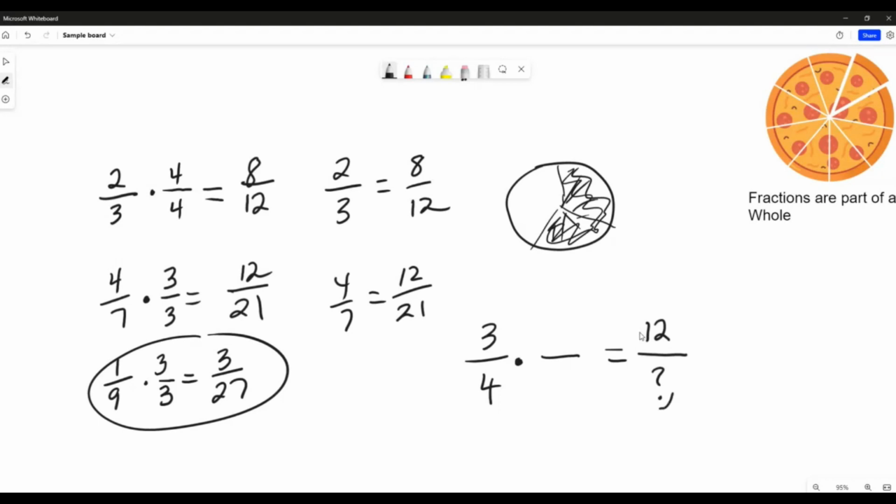I want to know, what is this number right here?